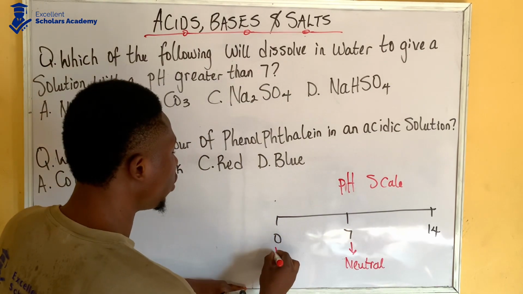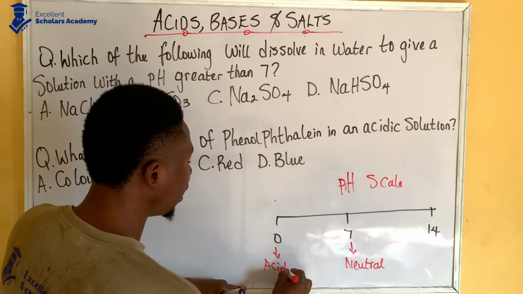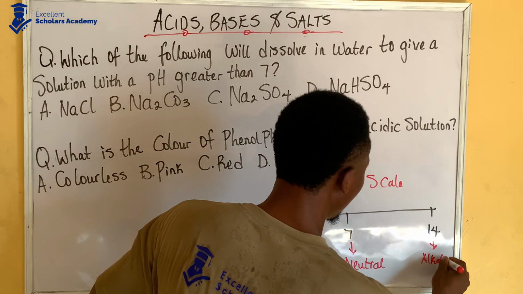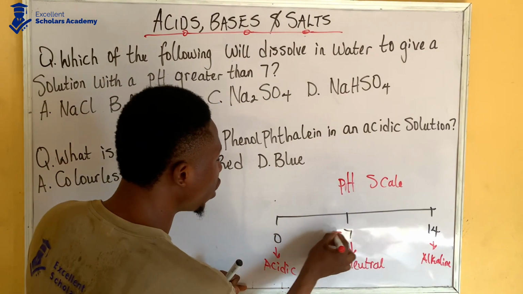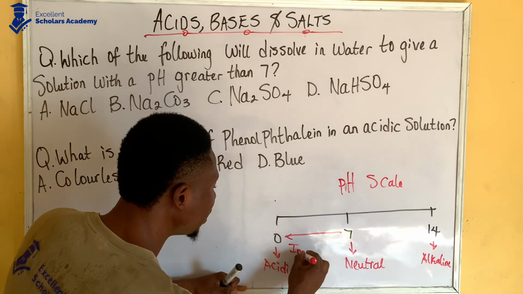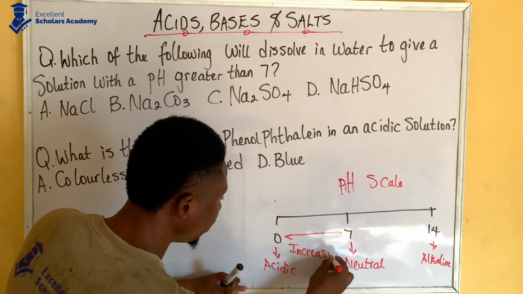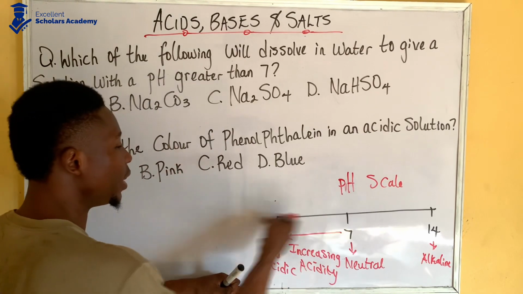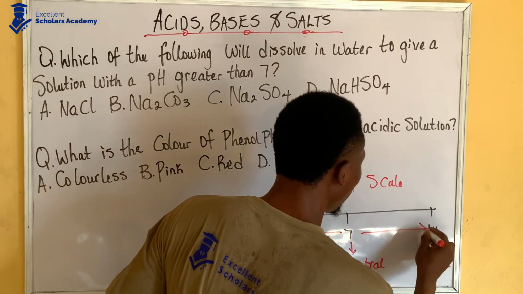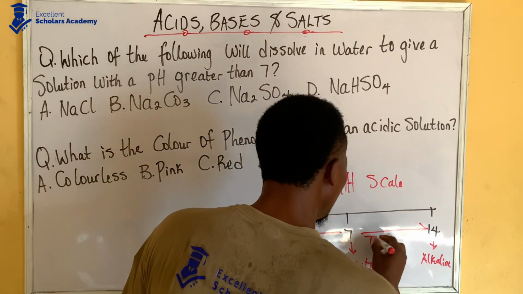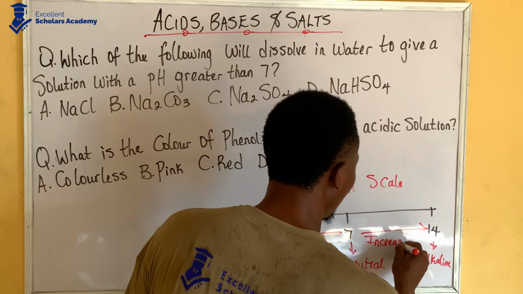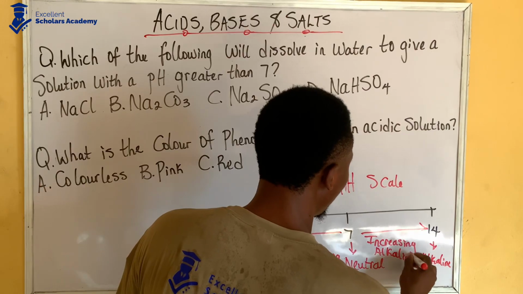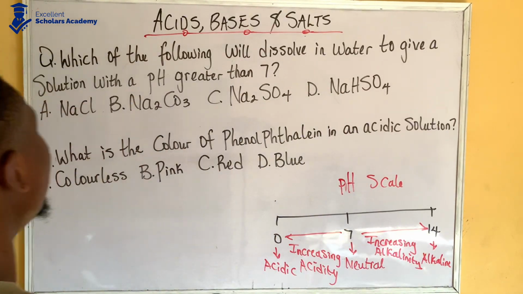This is where it is acidic, and this is where it is alkaline. The acidity of the solution increases as you go left, but as you move right, you have an increasing alkalinity. So take note of that.